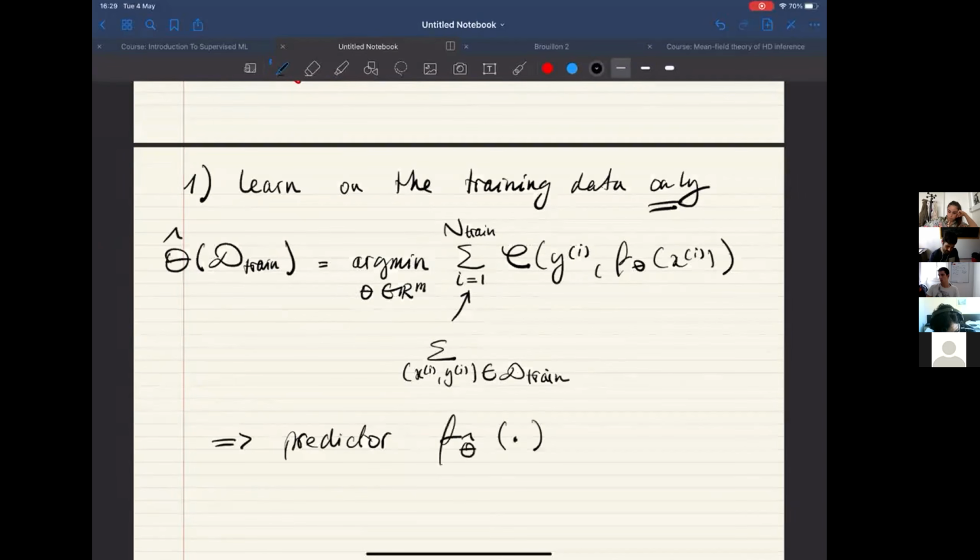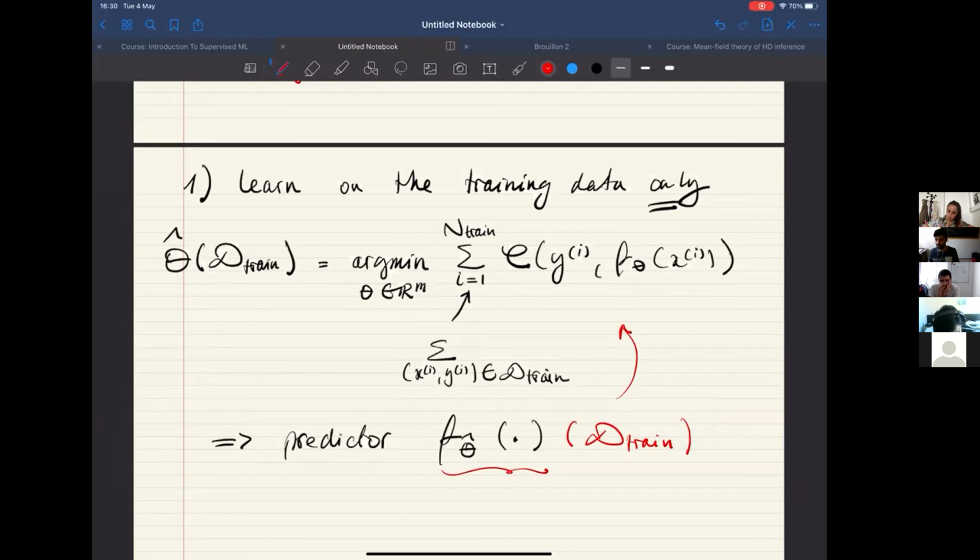It means that implicitly, this function is a function of the training data according to this training procedure, which means that if you were to change the training data, your learned model, your predictor, your final function, the one that you chose in your hypothesis class, would be different.